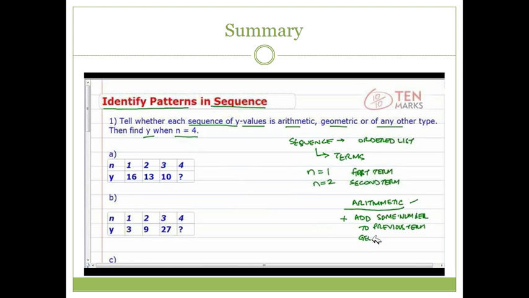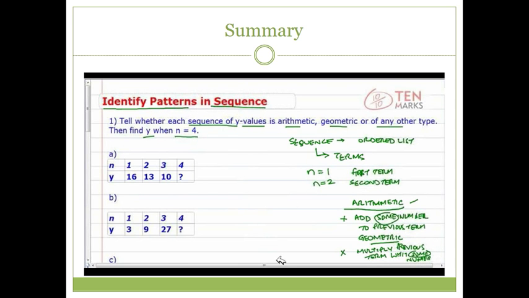In a geometric sequence, we multiply the previous term with some number to get the next one. And remember that number remains the same. It's the same number every time.